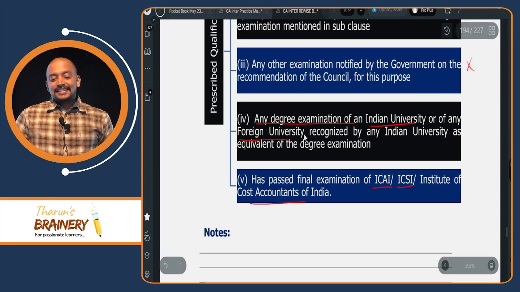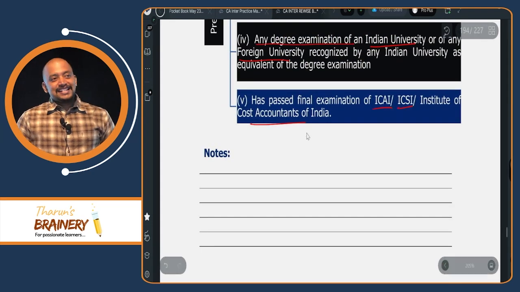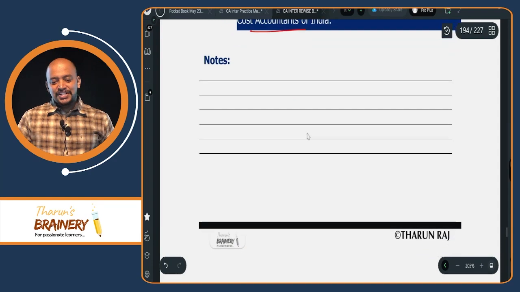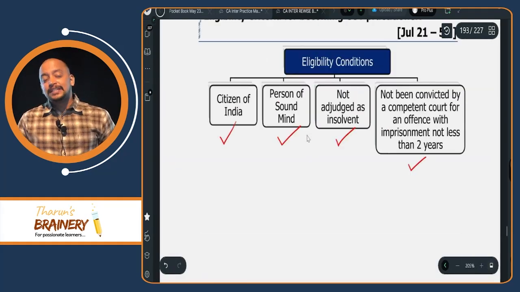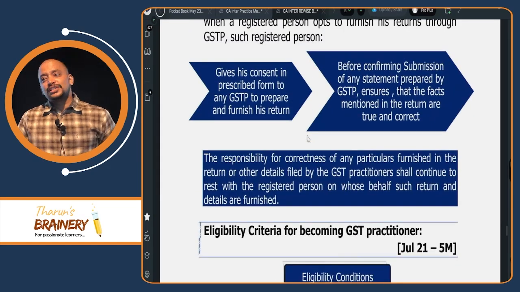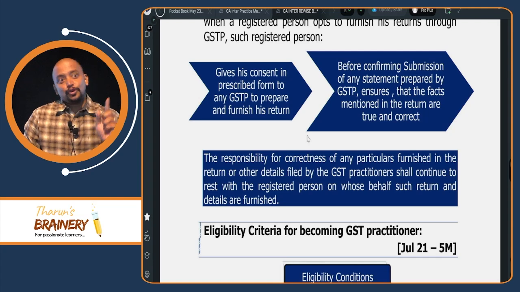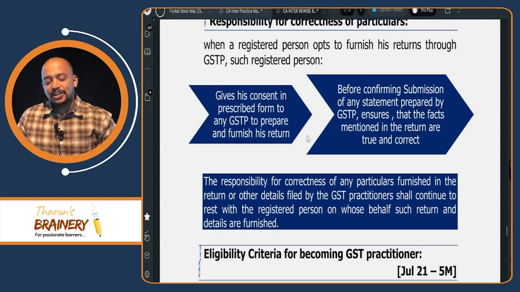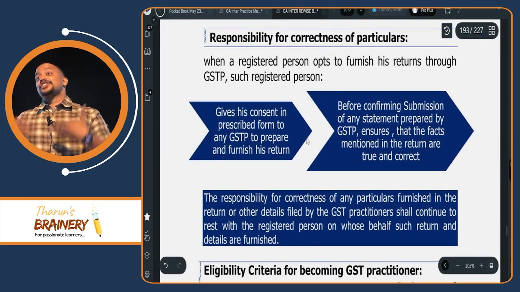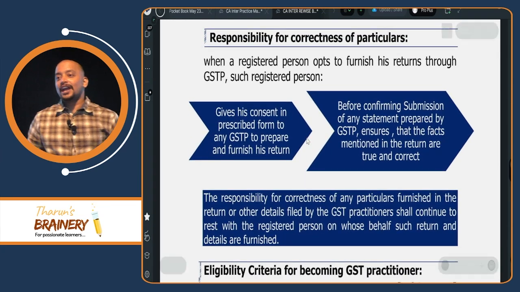Okay. Then, okay sir, this much qualification we are prescribing, and who is responsible for the correctness of the return filed by them? They file the return now. Who is responsible? Who should be responsible? The GST practitioner. And a GST practitioner is not responsible. The registered person is only responsible. Okay.